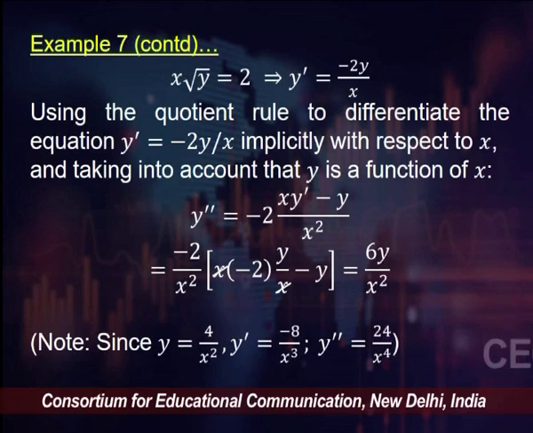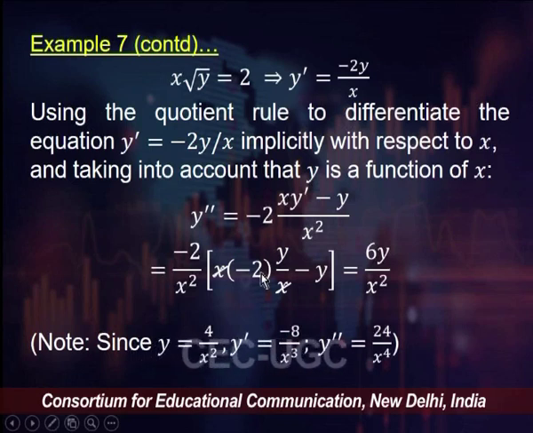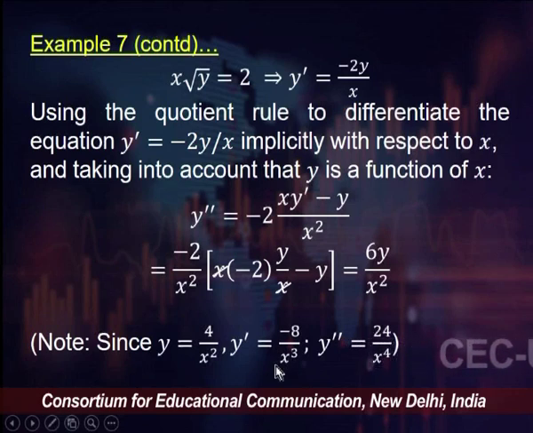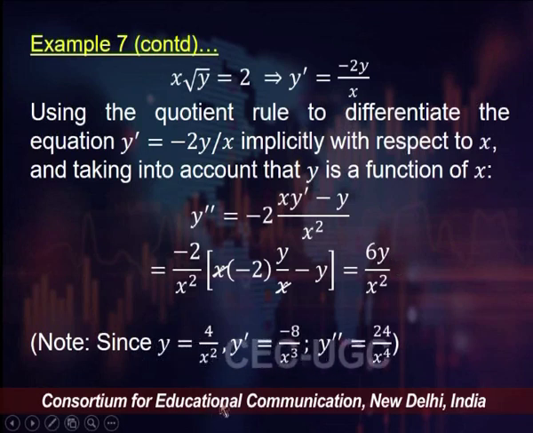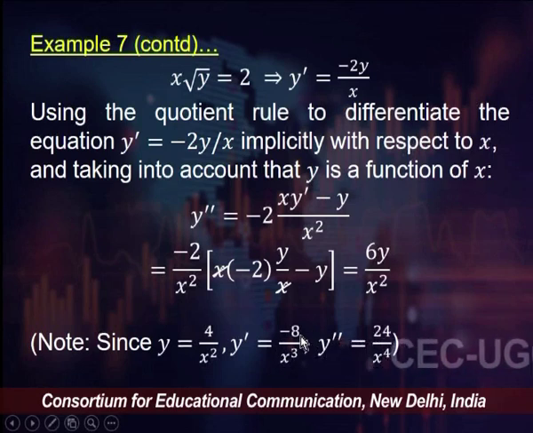And again, if you want, you can always express this in terms of just x, because y is equal to 4 by x squared and y prime is equal to minus 8 by x cubed. We can substitute for y here. If we do it by the explicit form, y prime is minus 8 times x to the power minus 3, then d2y by dx squared would be 24 divided by x to the power 4.